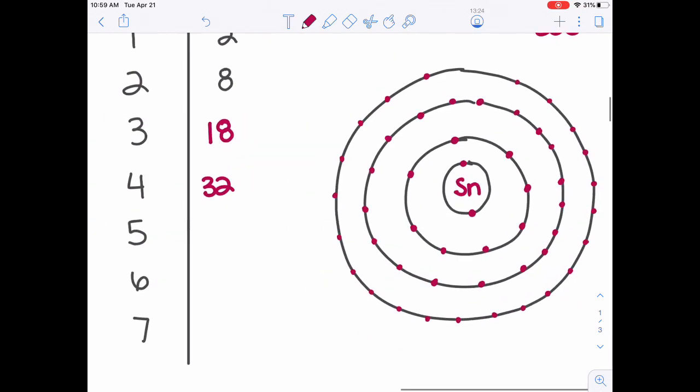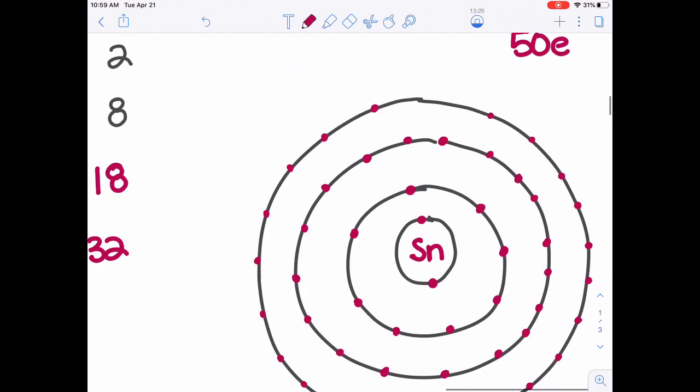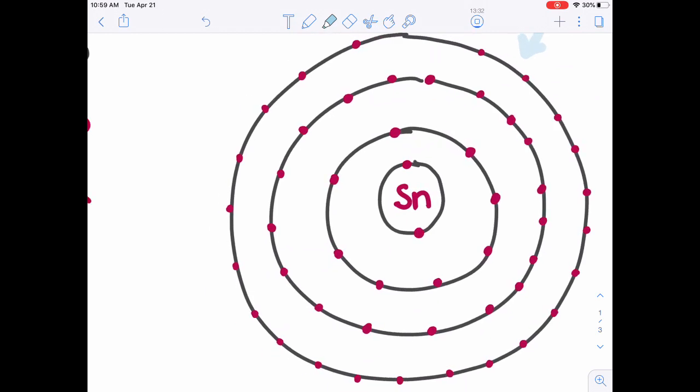Okay, that is 50 total electrons, so I have made my atom of tin, 50 dots for 50 electrons.